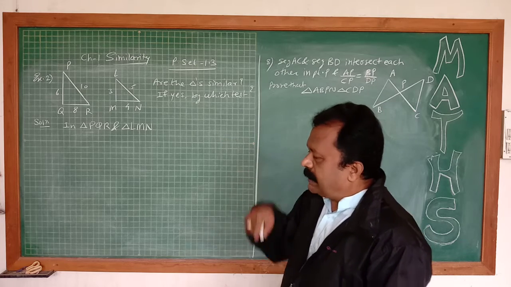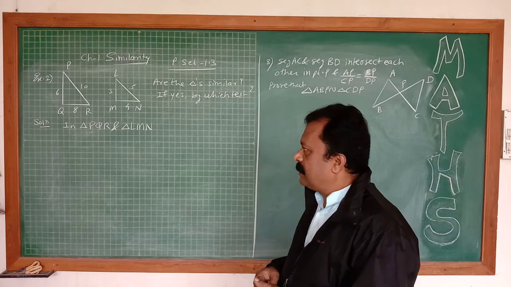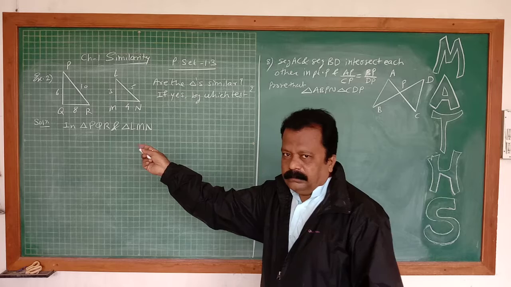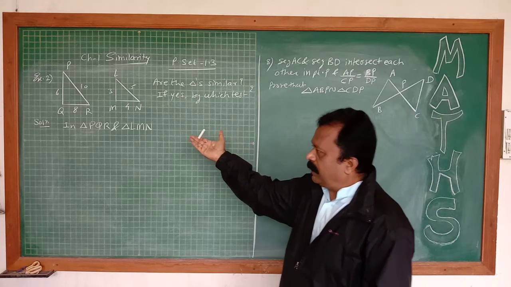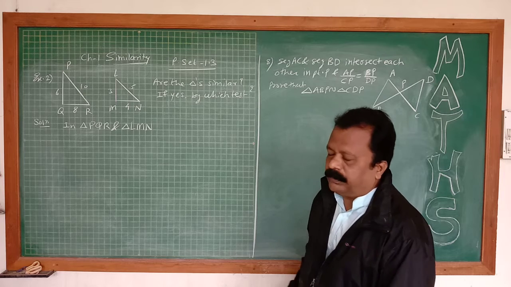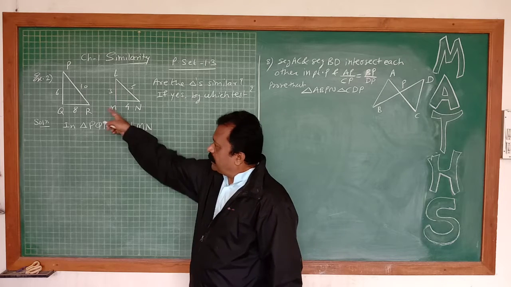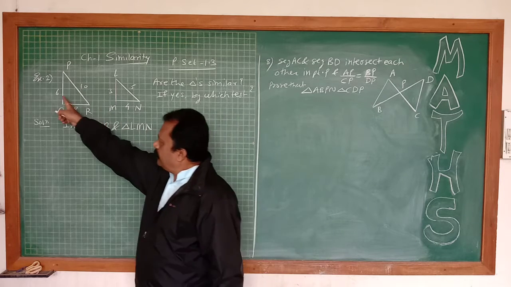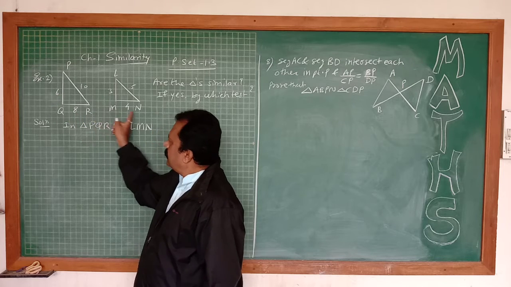So we have to use the SSS test for similar triangles, because all ratios of corresponding sides are in proportion, meaning we get the same value 2:1. And the correspondence we also got. First we have taken this side, then this and this.